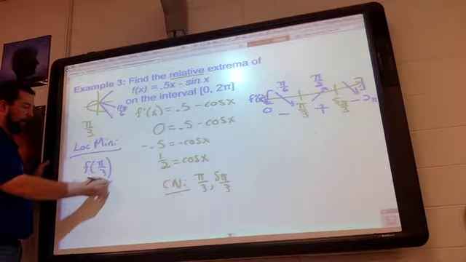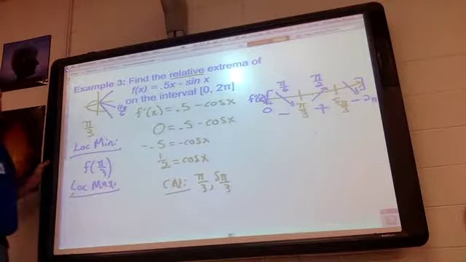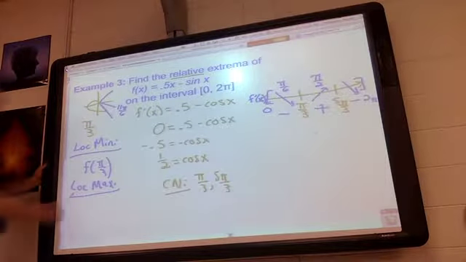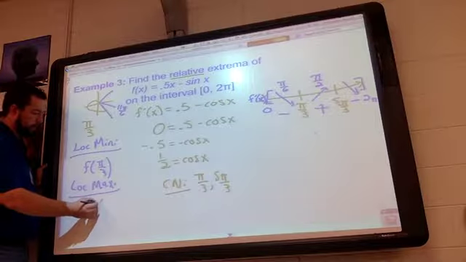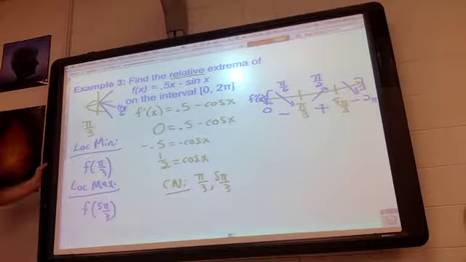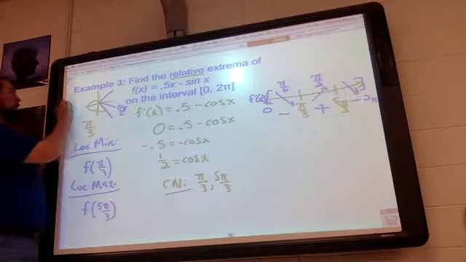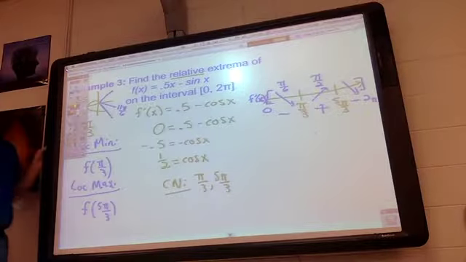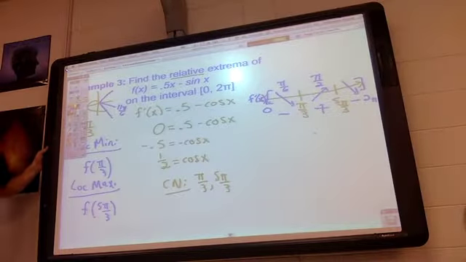All right, the local max is going to happen at 5 pi over 3. So we have a local max at f of 5 pi over 3. We can plug those back in to figure out exactly what those y values are, but I'm good right now. We could, if we really want to.